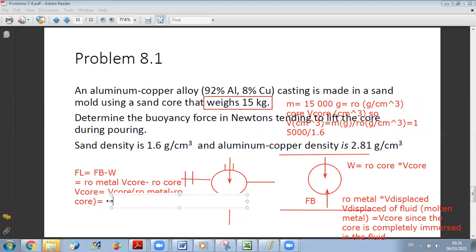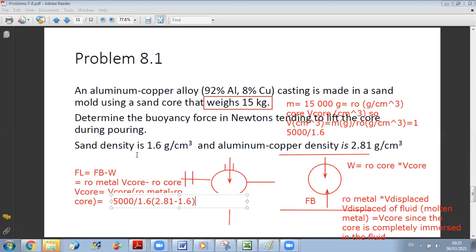So here I can replace V by 5,000 over 1.6, and then multiply by rho of the metal, which is 2.81. Also here, make sure that the two densities have the same unit, which is the case here. It's in gram per centimeter cube. If not, pay attention to convert your units. So times 2.81 minus 1.6. And then you will get your lift force.